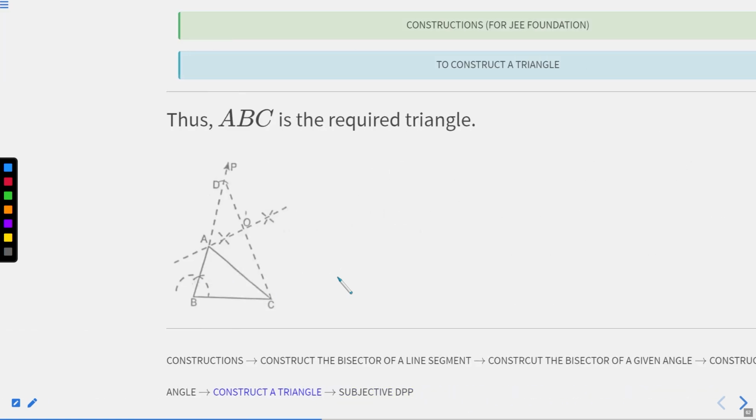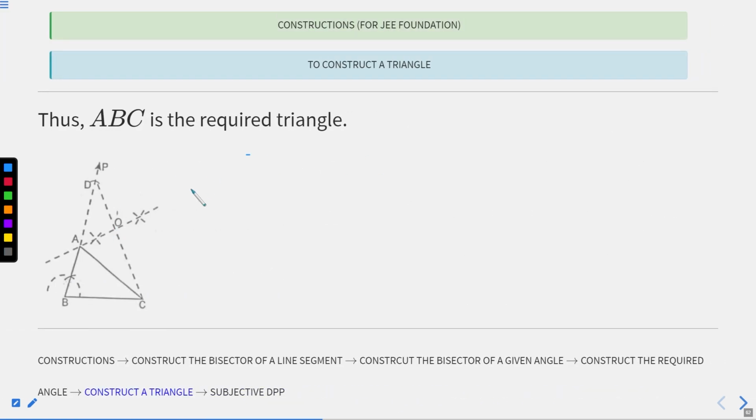So I'm using the diagram here and the terms also. Let me process the steps for you again with new names. Just what I did, I used BC line segment with 3 centimeters and made a 60 degree angle with the red line.